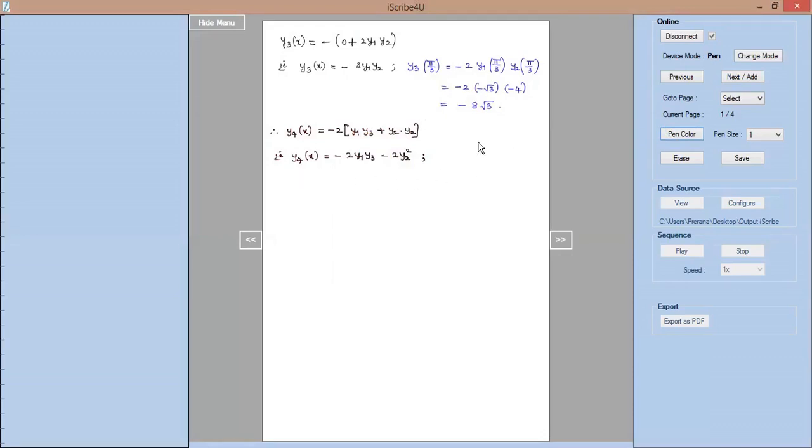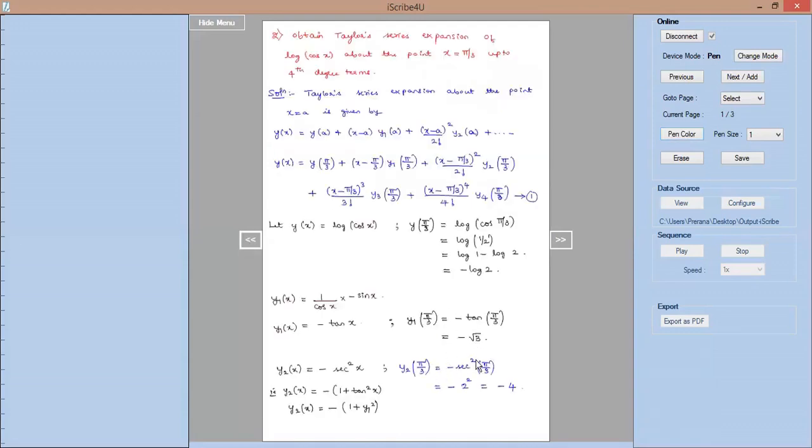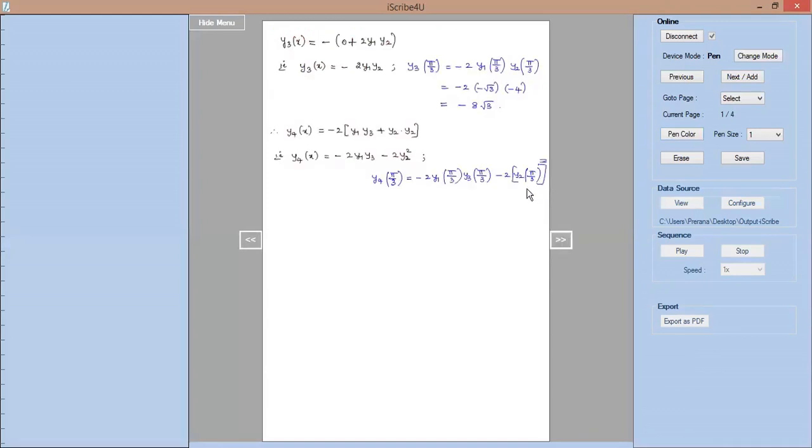So we have y4 of pi by 3 is equal to minus 2 into y1 of pi by 3 into y3 of pi by 3 minus 2 into y2 of pi by 3 whole square. So let us substitute all the known values. We are already familiar with what y1 of pi by 3 and y2 of pi by 3 are, and we also obtained y3 of pi by 3.